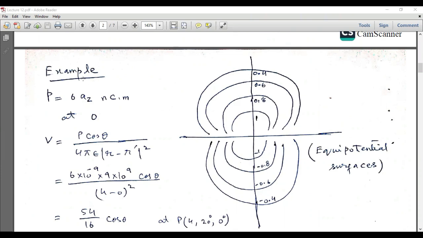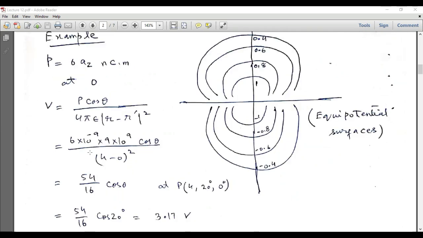So let's solve an example to illustrate more the concept of potential due to a dipole, and here we are given a dipole moment of 6 az nanocoulomb meter at origin, and let's calculate the potential due to this dipole, right?